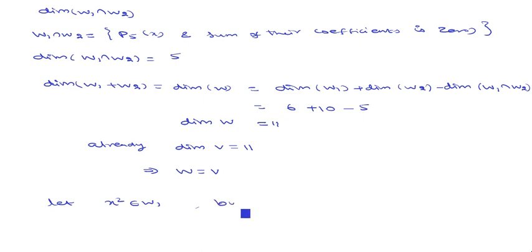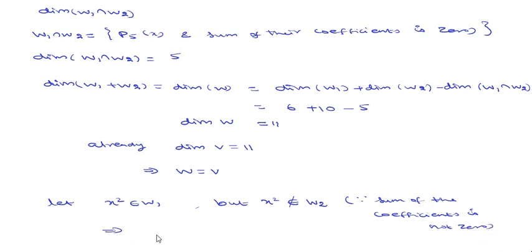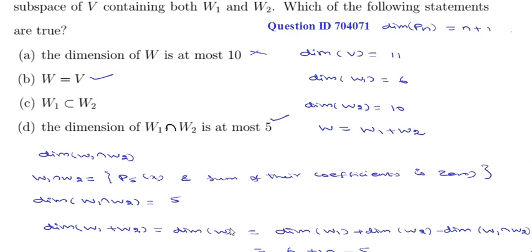Here x square is not in W2, since the sum of the coefficients is not 0. Therefore, W1 is not contained in W2. W1 is not a subset of W2. Therefore, option C is wrong.